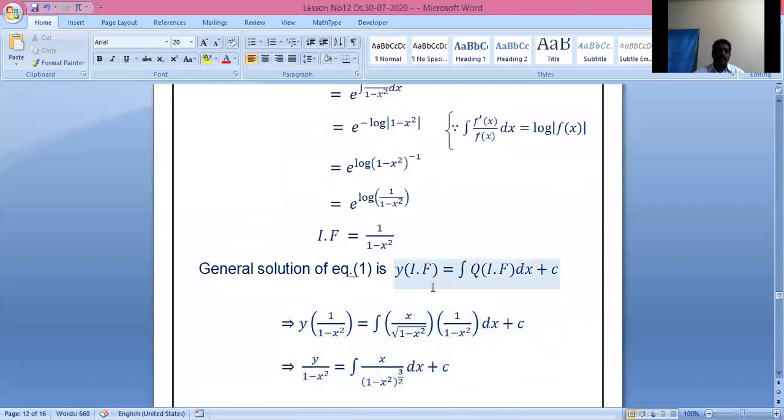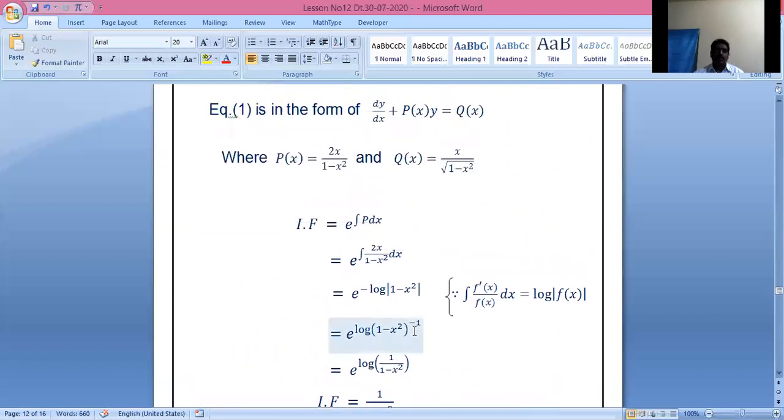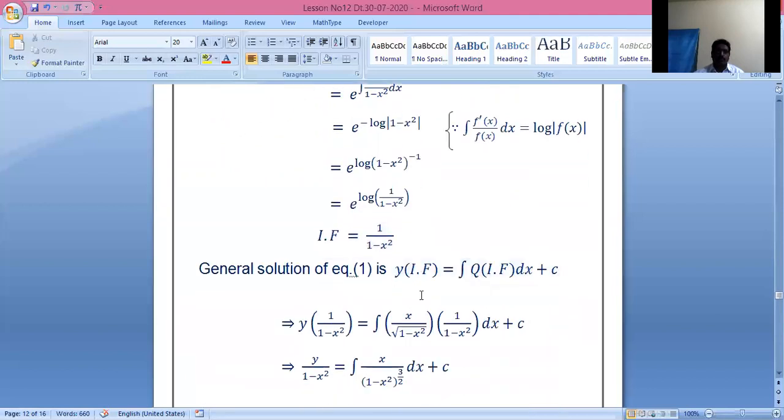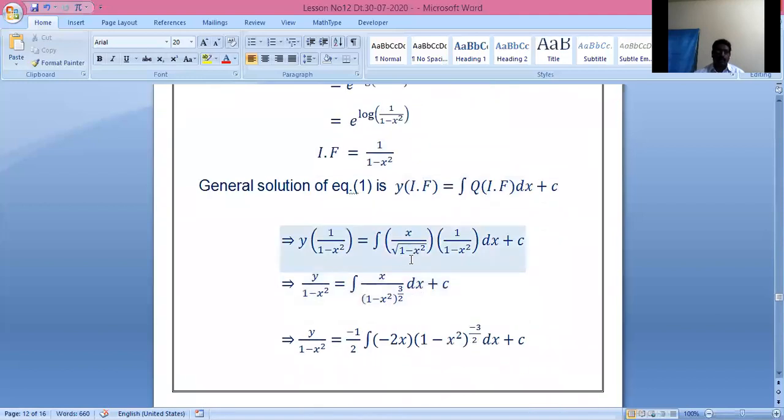General solution of equation 1 is y into IF is equal to integration of Q into IF dx plus c. That implies y into IF, which is 1 by 1 minus x square, is equal to integration of Q, which is x by root of 1 minus x square, into 1 by 1 minus x square dx plus c.